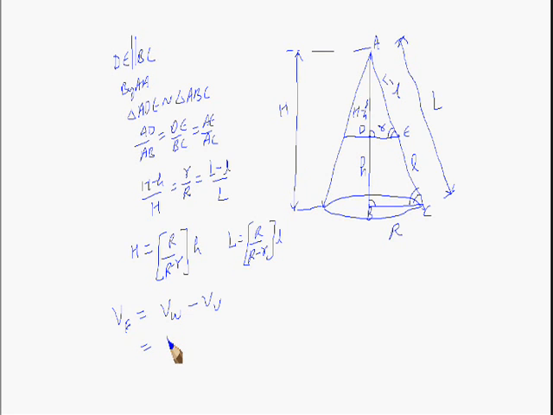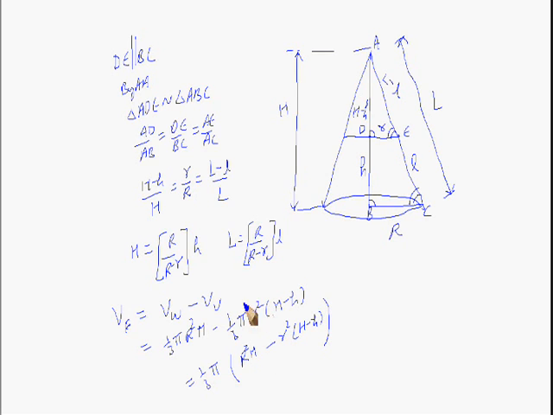The volume of the whole cone is 1 upon 3 pi capital R square capital H, and the volume of the upper cone is 1 upon 3 pi small r square, and the height of the upper cone is capital H minus small h. So by taking 1 upon 3 pi common, we get capital R square capital H minus small r square into capital H minus small h.